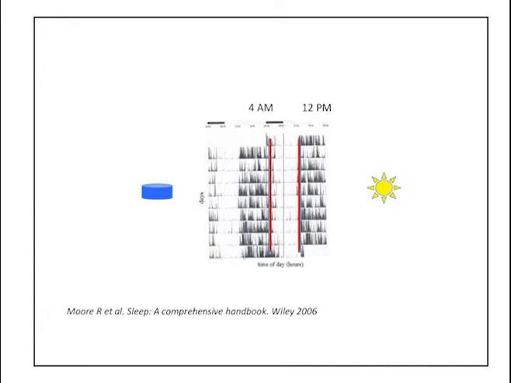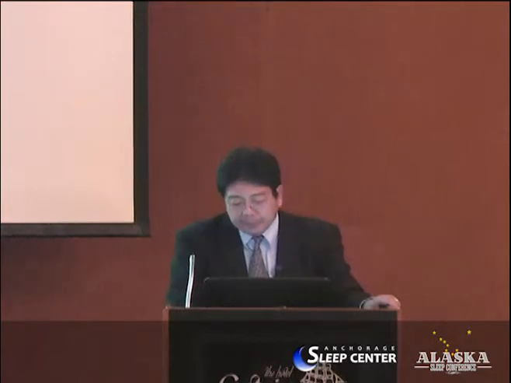So in this case, over several days, you see a very clear pattern of sleep between 4 a.m. and noon, which is good in the summer, but when school starts, this is inappropriate. So how do you treat it? You want the patient to go to bed earlier, and you want the patient to wake up earlier. So you give melatonin at night and light in the daytime. This pushes, this pulls.